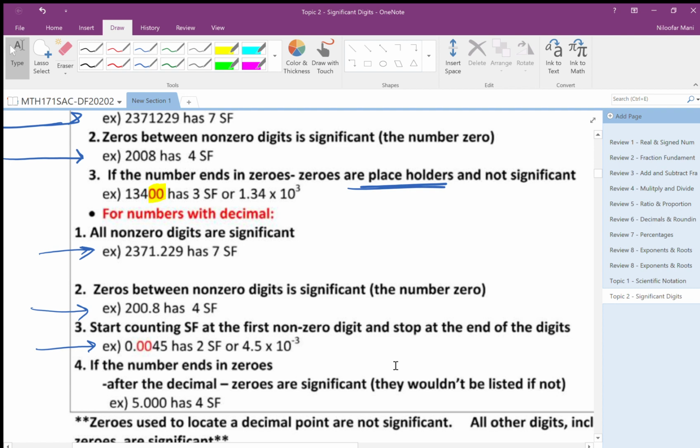I don't need to mention them. So I have to start counting significant digits from the first non-zero digit, and I have to go to the end. So what should I do with these two? I don't count them, because if I write in scientific notation, look here, I don't see them.